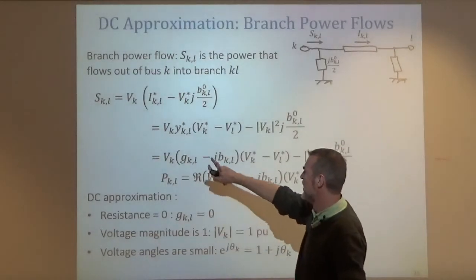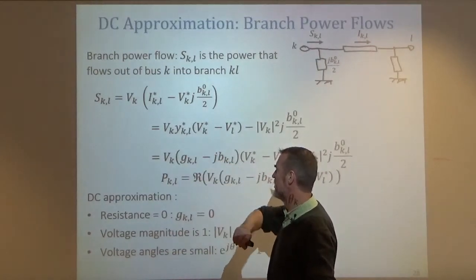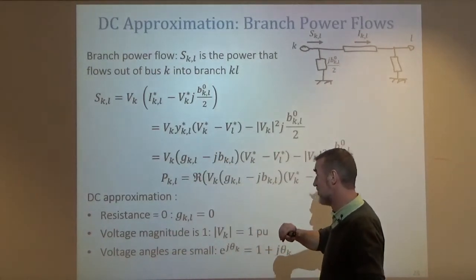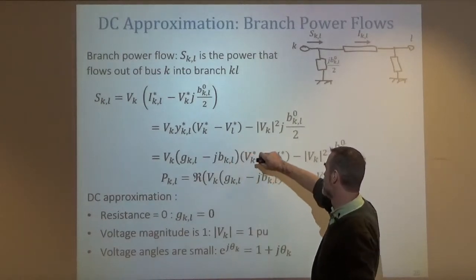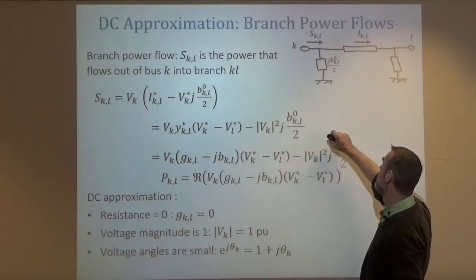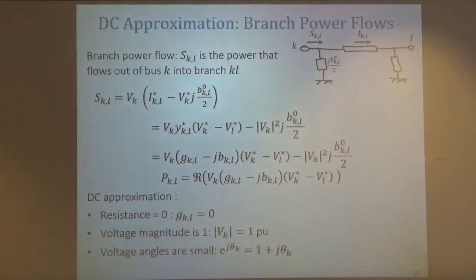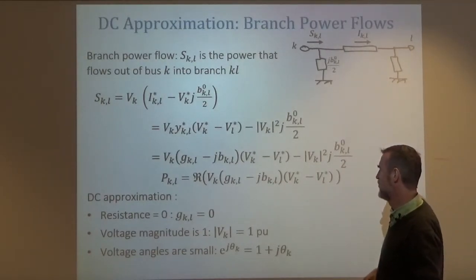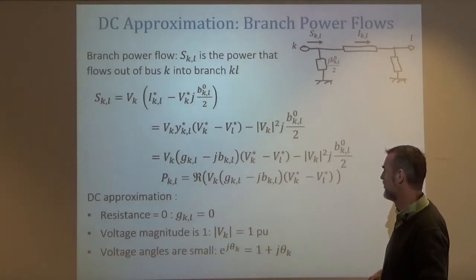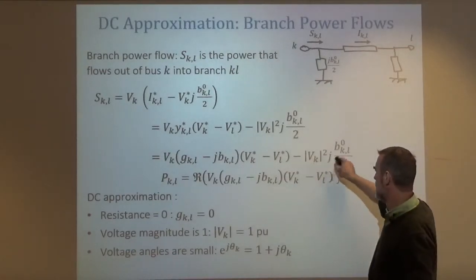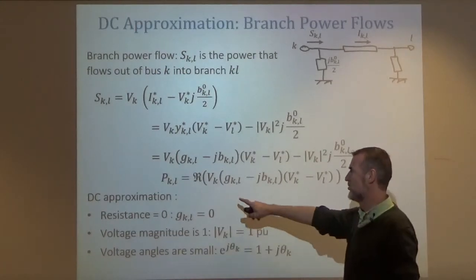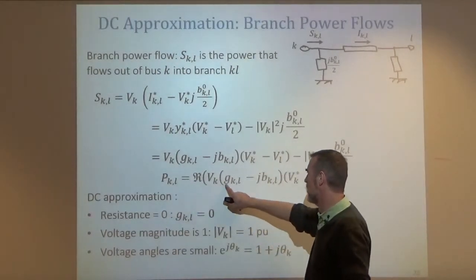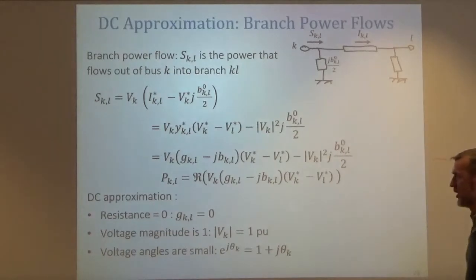Y is the longitudinal admittance, V are the complex voltages, and B are the transversal admittances, which are purely imaginary. If we do all the math, when we're interested only in the active power flow, we take the real part of this, and this is what we would like to approximate with a DC approximation.